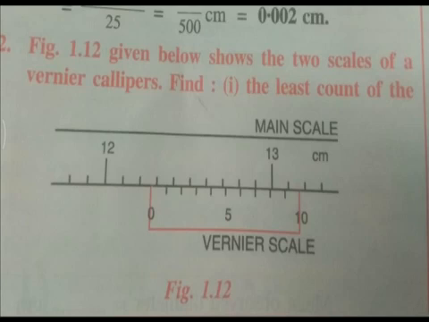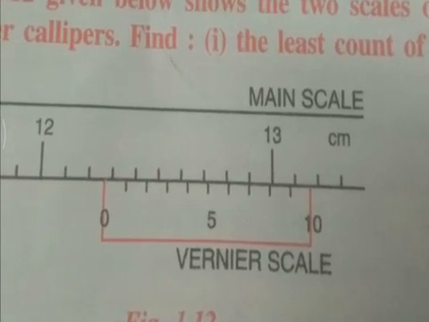It is 12.1, 12.2, in between 12.2 and 12.3. That means your main scale reading is what? 12.2, right? Now what do we need? We need the coinciding division. Now see, the coinciding division is what? It is 5, 6, 7. See, the 7th division is making a straight line, right? That means 7 is the coinciding division.